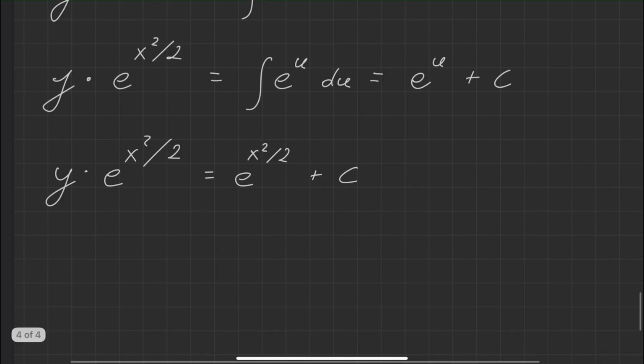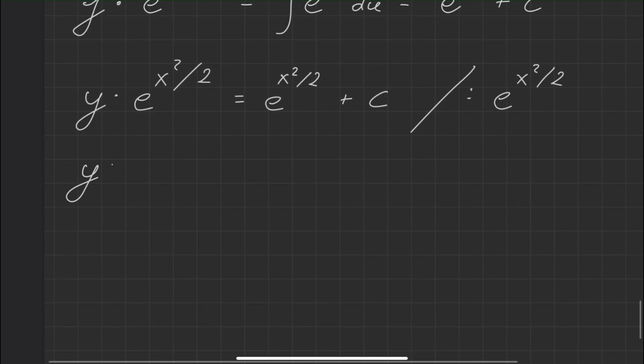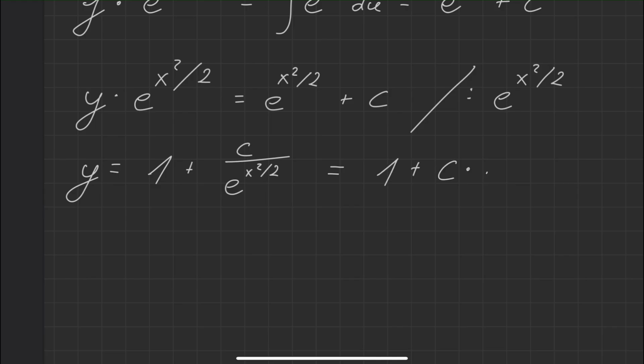Now of course we always want to re-express our final answer in terms of x and having y just on the left-hand side. So we can simply divide everything by e to the x squared divided by 2, giving us 1 because it cancels out, plus c divided by e to the power of x squared divided by 2, which further simplifies to 1 plus c times e to the power of minus x squared divided by 2.